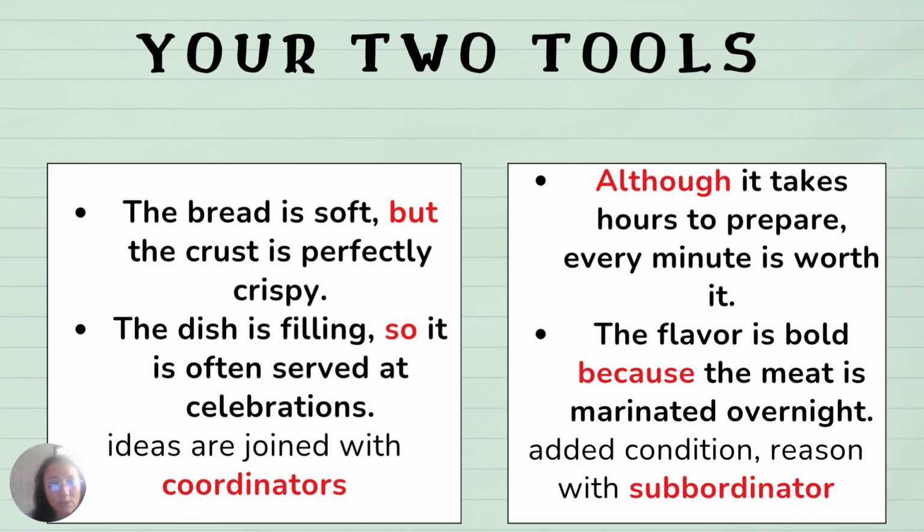So here we've got a reasoning. Sounds nice, yeah? Now you should pay attention that two ideas are linked here, and here two ideas are connected together with a dependent and an independent clause.